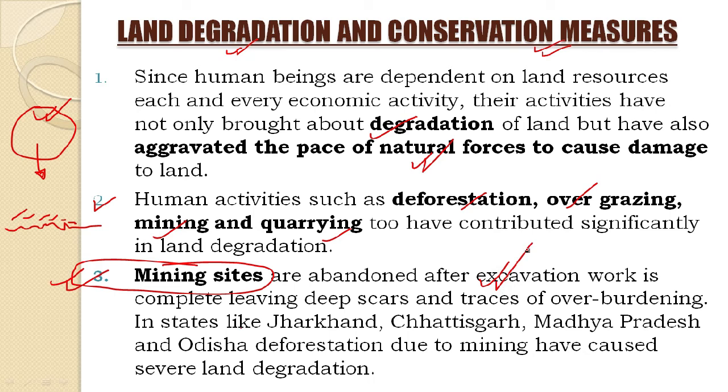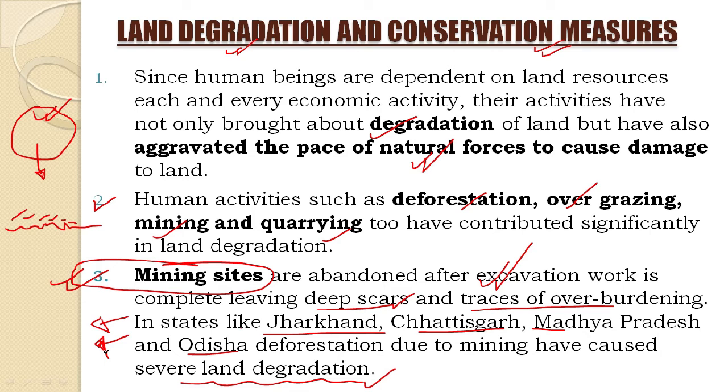It means that people completely leave that place after excavation work is complete, leaving deep scars and traces of overburdening. In states like Jharkhand, Chhattisgarh, Madhya Pradesh and Odisha, deforestation due to mining has caused severe land degradation.